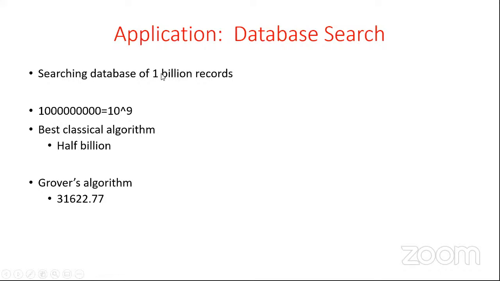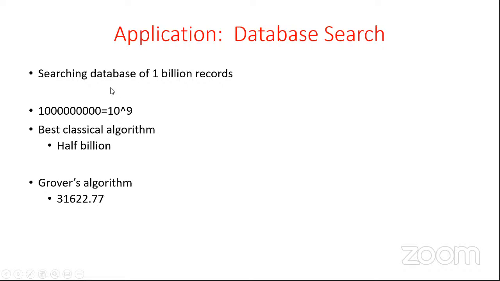For simplicity, let's suppose there are 1 billion records, that is 10 to the power 9 records. If we search classically for one record, the average complexity will be n by 2. Is it clear? Classically, we have to search on average n by 2 entries. Here n is 10 to the power 9, so n by 2 is basically half a billion.